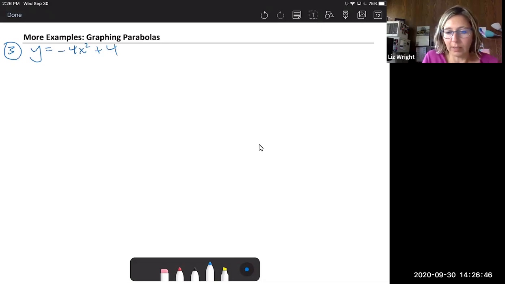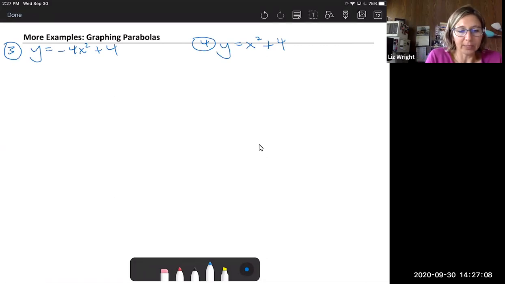The other one that we're going to look at is y equals x squared plus 4. If you want to, you could just pause the video right here and try them out and see how you do, and then play the video when you're getting stuck, or fast forward it to see how your work is matching up to mine.